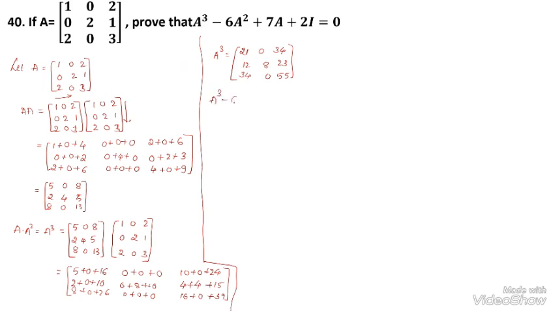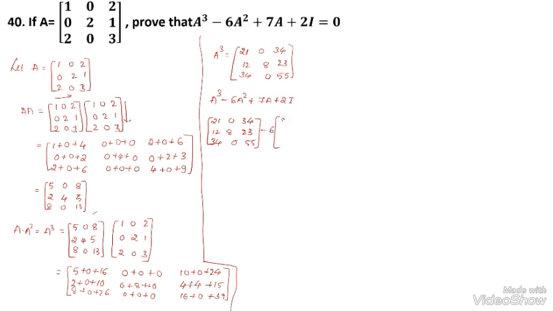A cube minus 6a squared plus 7a plus 2. What is the a cube? 21 0 34, 12 8 23, 34 0 55. Minus 6 into a square.